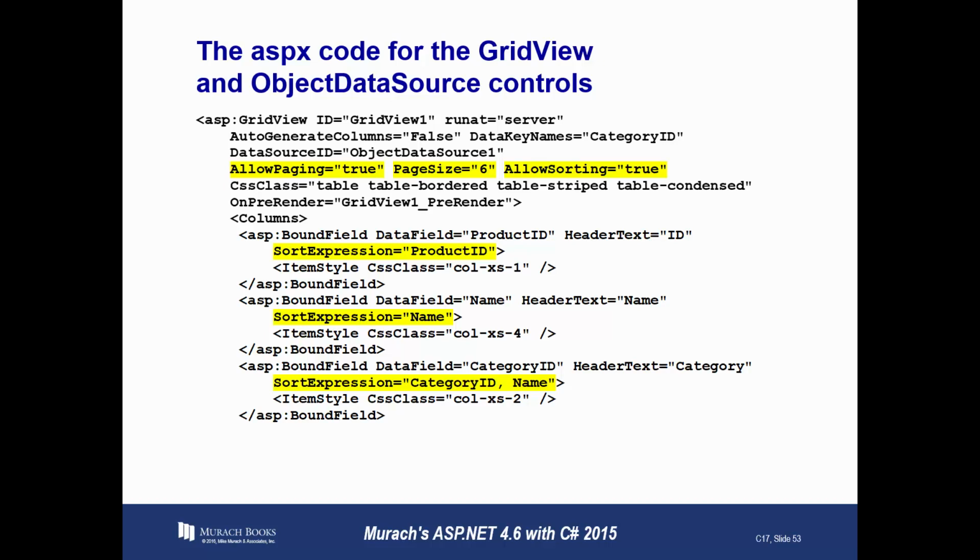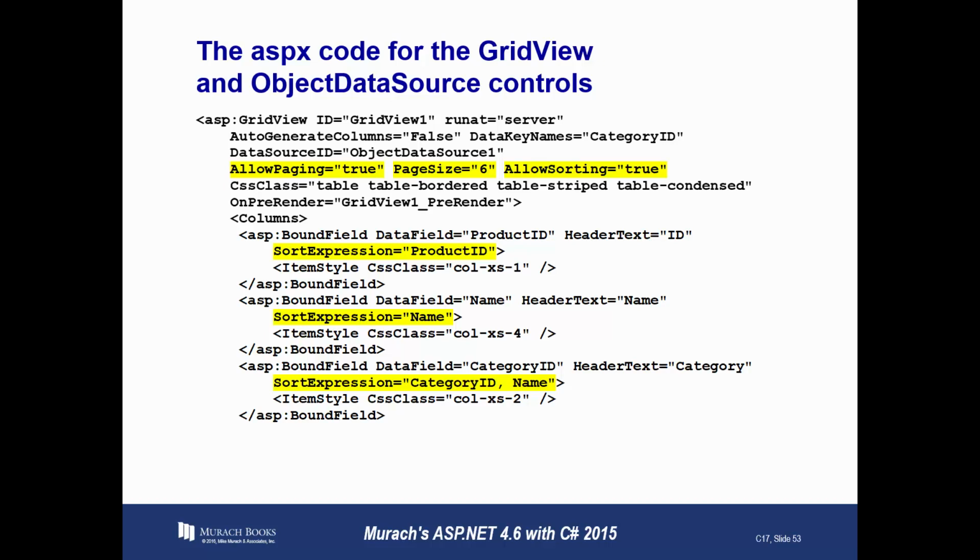Now, in some cases, the select method associated with the object data source will return the data in a sorted sequence. Unfortunately, the grid view has no way of knowing that the data is already sorted. Because of that, the first time you click on a column header, it will assume that you want the column in ascending order. If you want to fix this, you can remove the order by clause in the select statement.